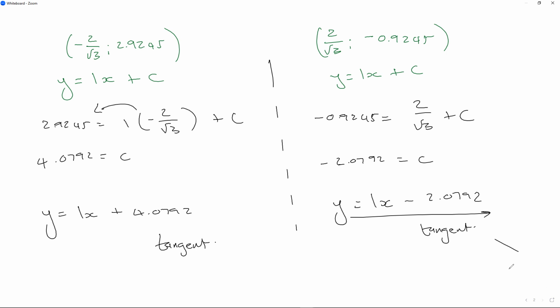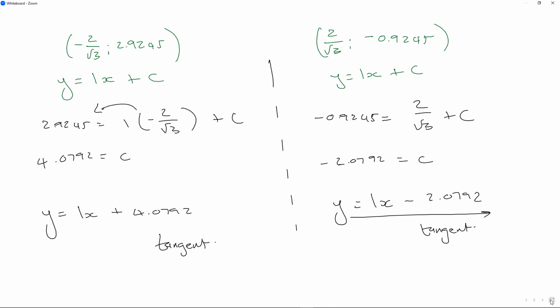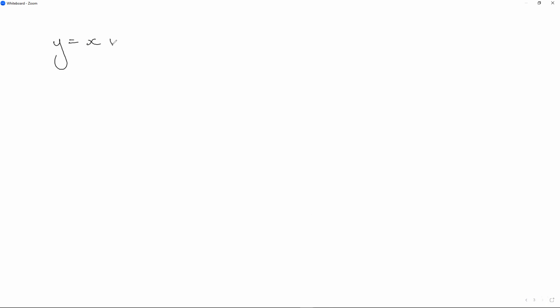So looking at the normal part now, let's see, I got each of these. The first equation was y equals 1x plus 4.0792. And the point was 2.9245 and negative 2 over root 3.